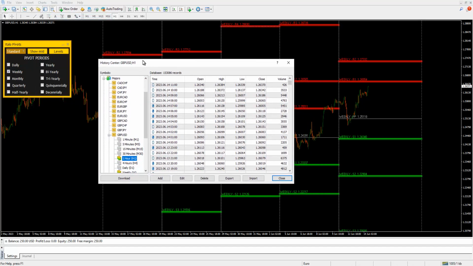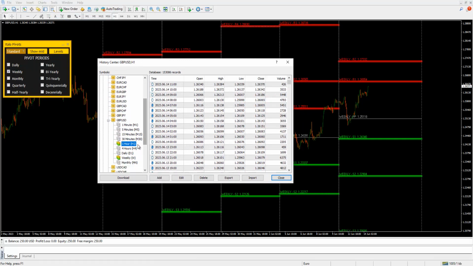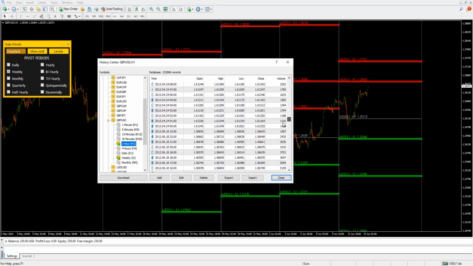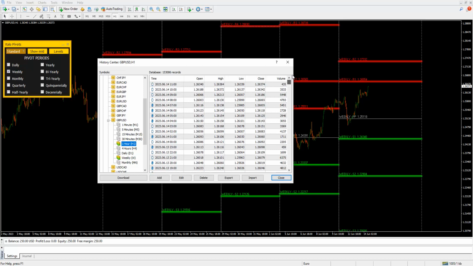History Center, go on the specific asset that doesn't have historical data, the time frame, here an hour for example, and you click on download. Once you click on download, the MetaTrader will download every single piece of history data you have.